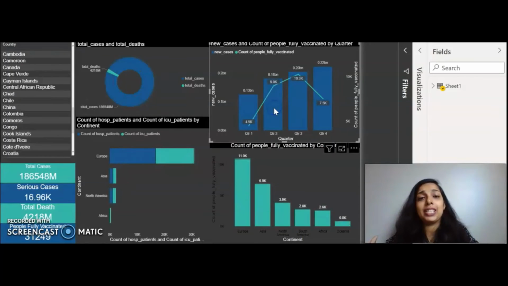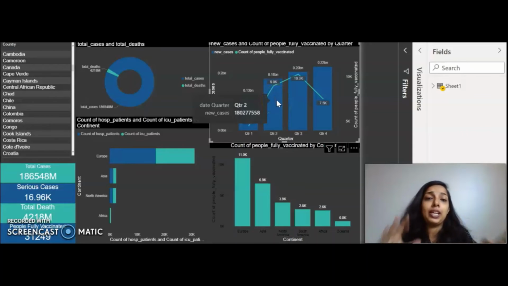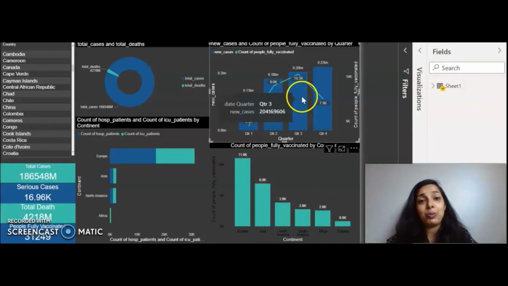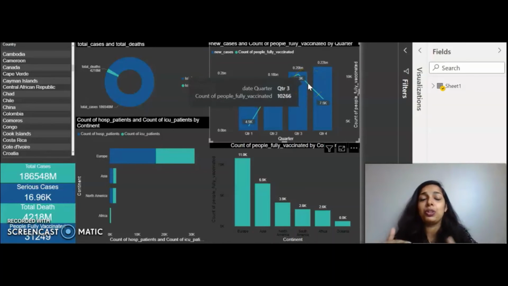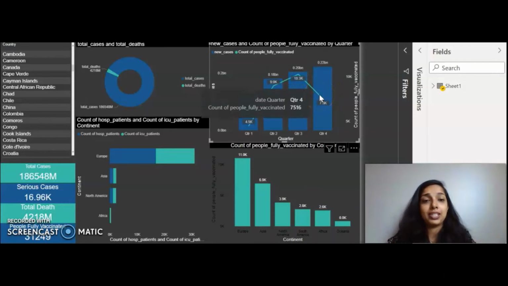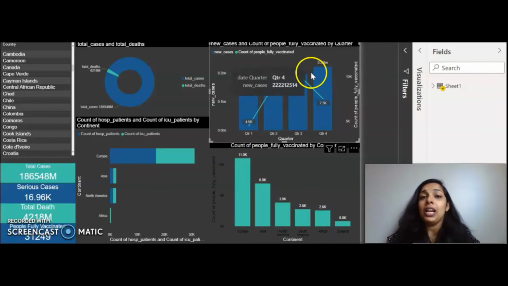For the third quarter, it is 0.2 billion new cases, and the people vaccinated are around 10.3K. And for the fourth quarter, the new cases were 0.22 billion, while the people fully vaccinated are around 7.5K.